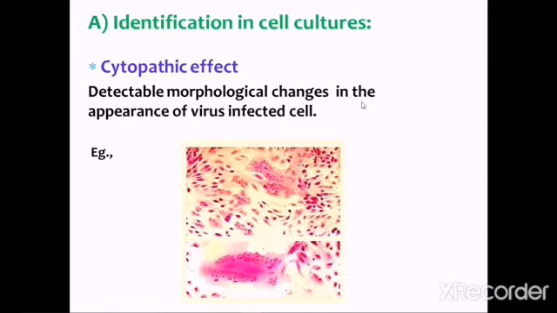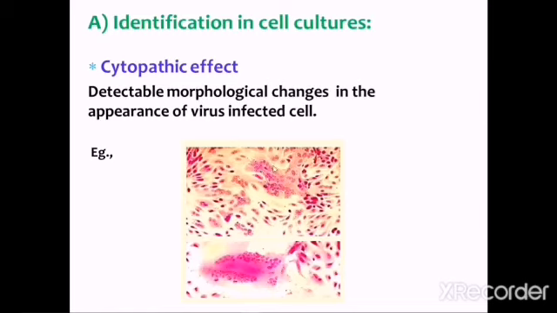So, detectable morphological changes in the appearance of a virus-infected cell. It gives you a presumptive identification of virus growth in cell culture, and at the same time it's a manifestation of virus-infected cells that are dying or dead. Let me give you an example of measles and respiratory syncytial viruses.